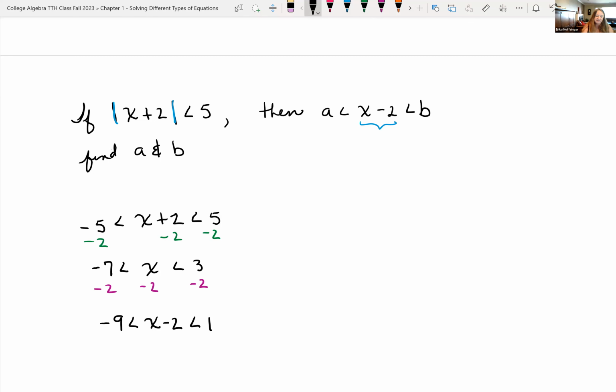So once we've gotten what's in between the two inequalities to what we want, we can figure out what a and b are. I notice here that my a value has to be -9. And here my b value is equal to 1.